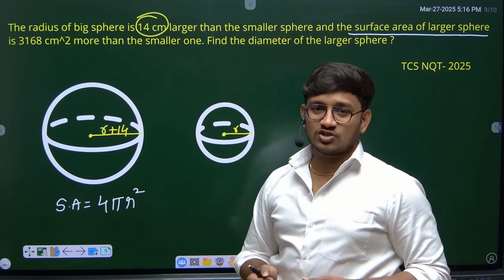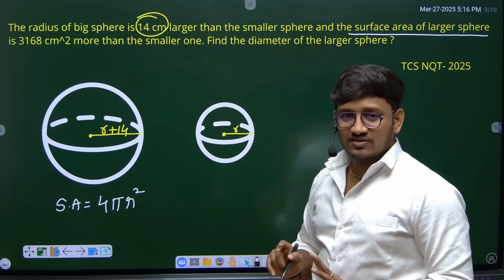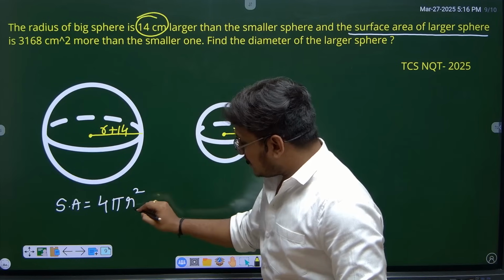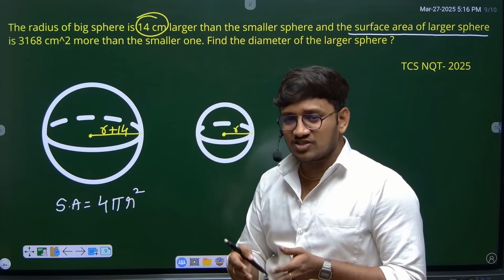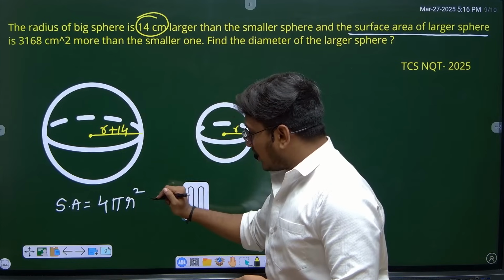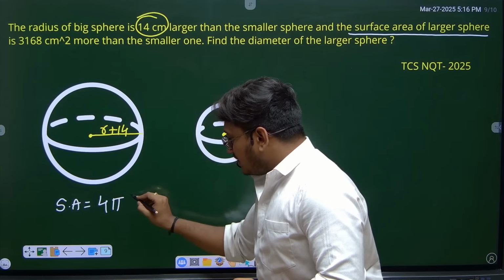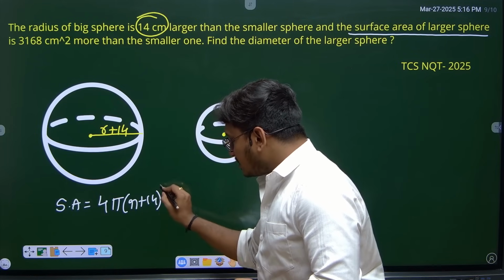Here r means radius, and you all know the value of pi, we can consider it as 22 by 7. What is the radius of the bigger sphere here? r plus 14. So it is 4 pi times r plus 14 whole square.